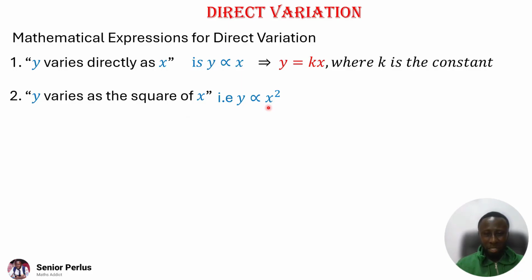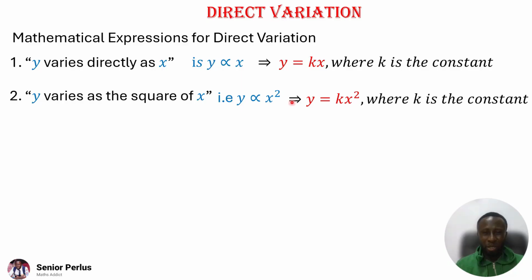So y varies as the square of s in mathematics is in this form. Then let's put it in equation form. It will be what? Yes, good. Y equals k s square. Very simple. Because you have to introduce a constant where k is the constant of proportionality. Good.